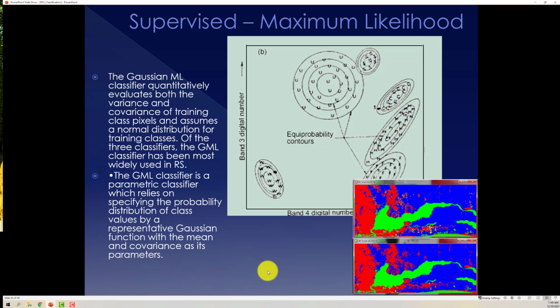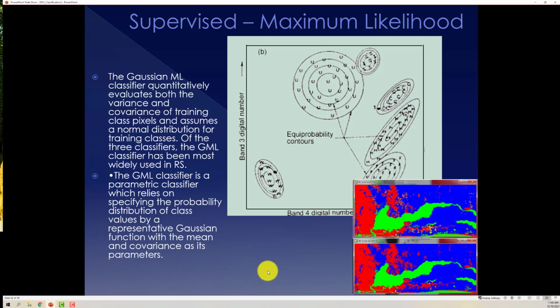Now with maximum likelihood, we're looking at a Gaussian classifier, and it is looking at covariance and more sophisticated statistical analysis. So with the variance and covariance of these training class pixels, we're assuming a normal distribution and putting things into categories.